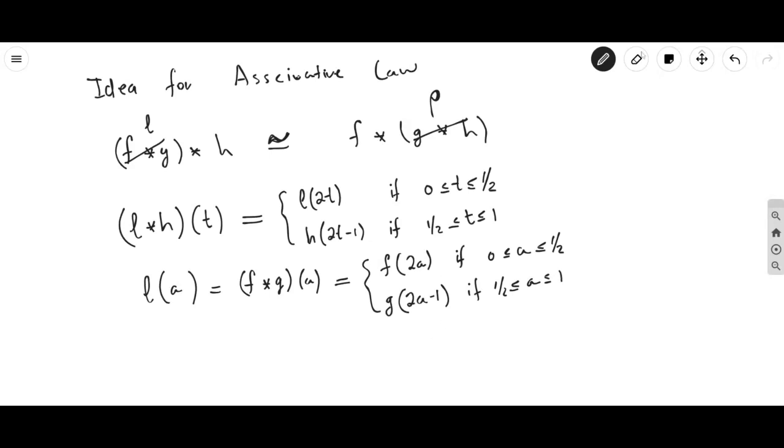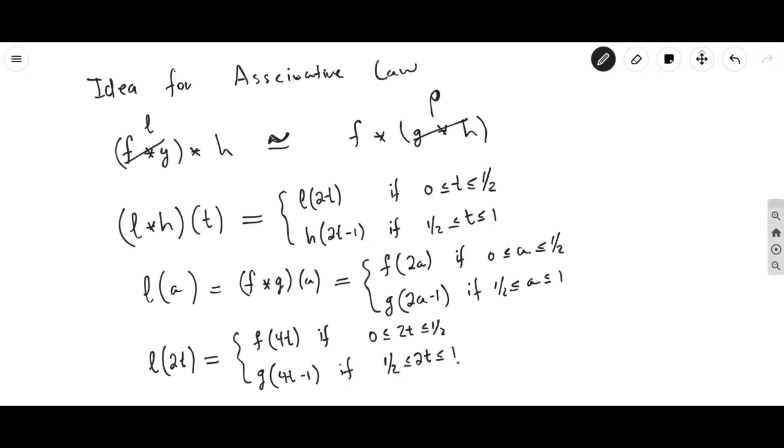So if a is replaced by 2t, what would you have? L of 2t would be f of 2a, but a is 2t. So that would be f of 4t if 2t is between 0 and a half. And then the other one would be g, where a gets replaced by 2t. So that would be g of 4t minus 1 if 2t is between a half and 1.